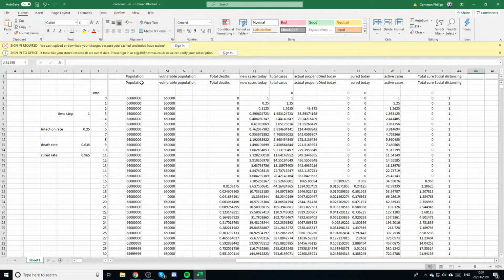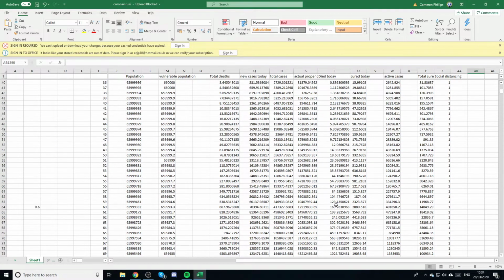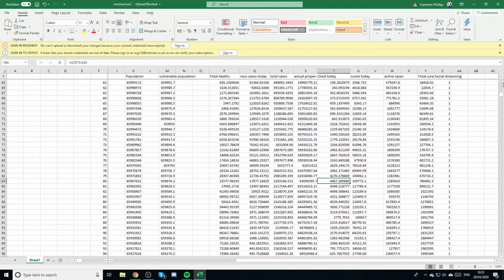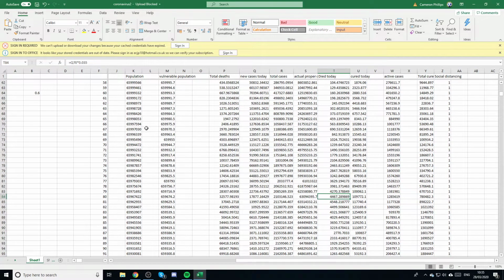Our died today peaks at 4,400, and that would have happened in about 20 days' time. But social distancing on day 63 here in the UK.